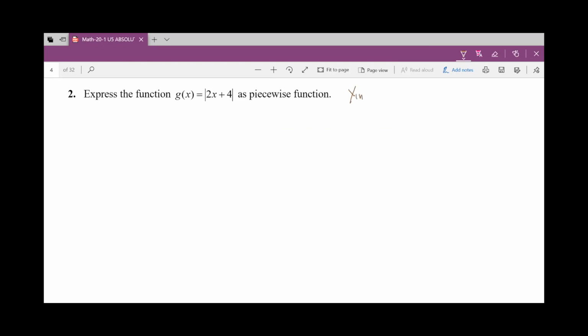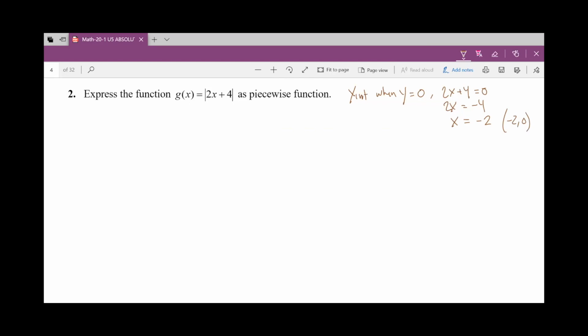X-intercept when y equals 0. And y equals 0 when 2x plus 4 equals 0. In other words, when x equals -4. In other words, when x equals -2. There we go. So the x-intercept will be -2, 0. Okay.